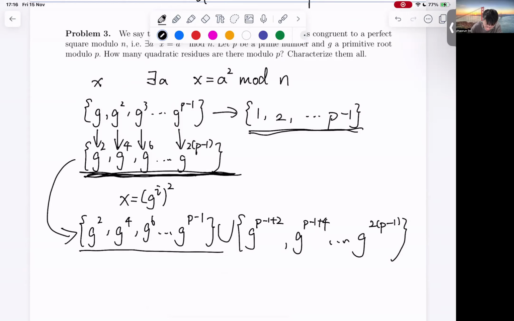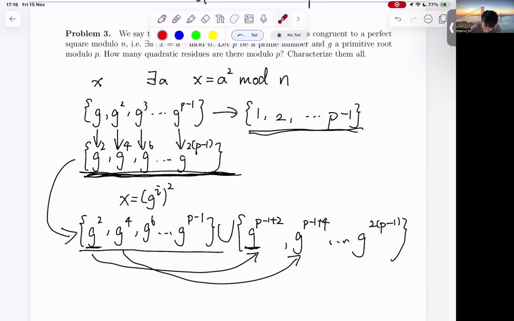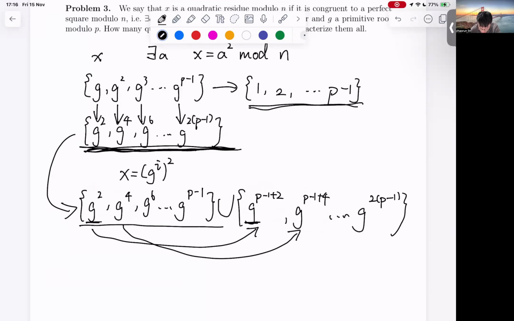So you see that this is actually the same as this one. So we can map these two quadratic residuals, and they are the same. And similarly, this is the same, since G to the power of P minus 1 is simply 1, right?